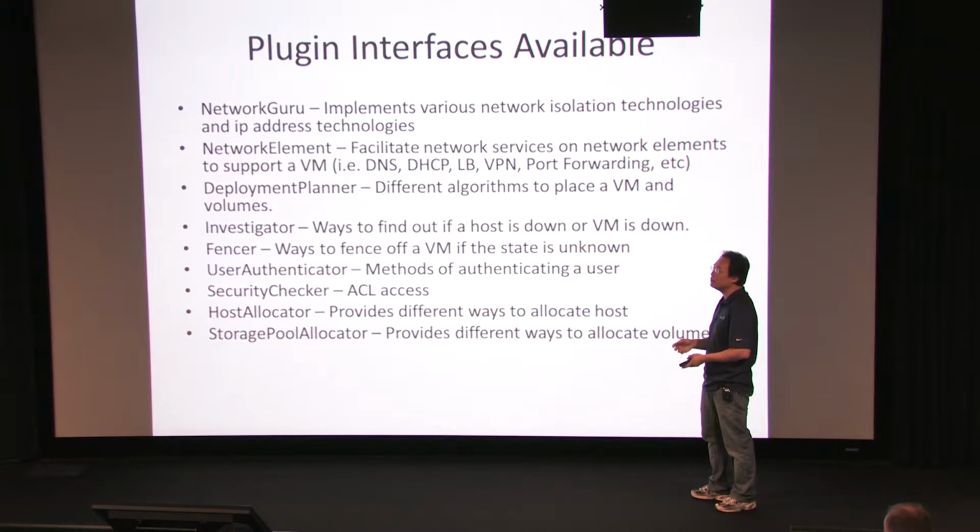So, for example, if you are deploying on VMware, it reserves a certain set of resources, so it says, "Oh, you cannot deploy it here because I have to reserve enough for HA." So there are algorithms that need to take that into consideration when it's a VMware hypervisor. Or when you're doing XenServer, something similar.